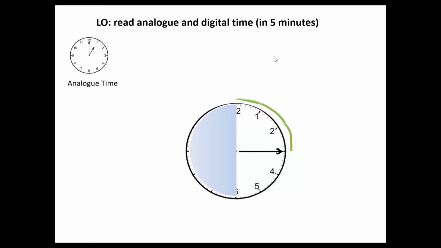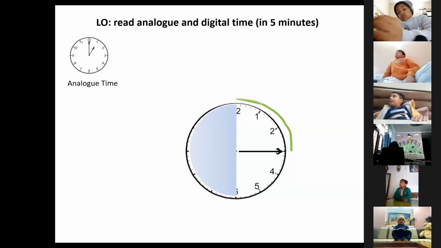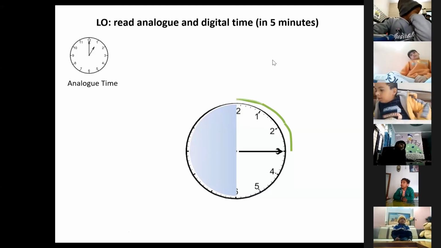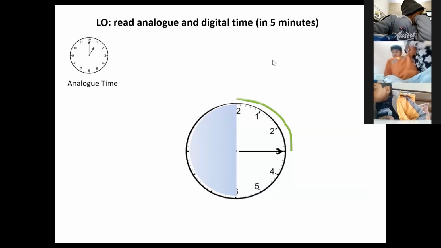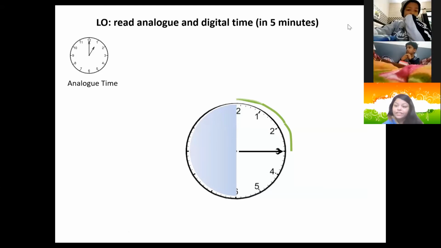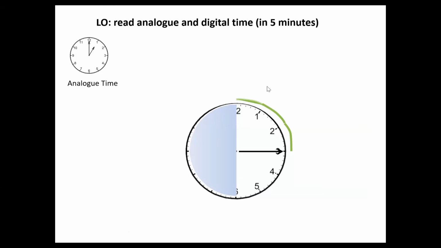Yes, Rudra, please tell me. Yes, ma'am. How many minutes are passed? 5. 10. No, on 3 how many will it be, beta? 15. Very good. 15. 15 minutes are passed. Or you can say 15 minutes past. Very good.